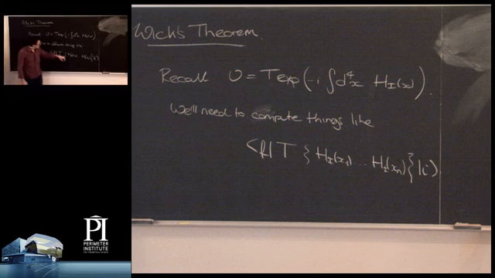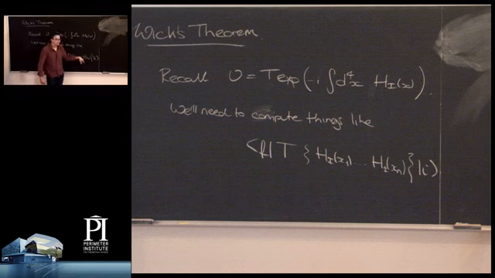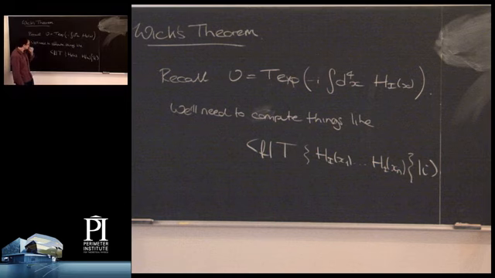But you can see that generally, it's going to be just a bit tedious, right? Because there's going to be lots of a's and a daggers and b's and b daggers here, and you're going to have to move them through all of these operators. And you're going to pick up delta functions and the commutation relations to finally get over to here to see if it kills it or not. So it's going to be a bit arduous. So what we would like to do is come up with some formal way that captures the tedium of this calculation.